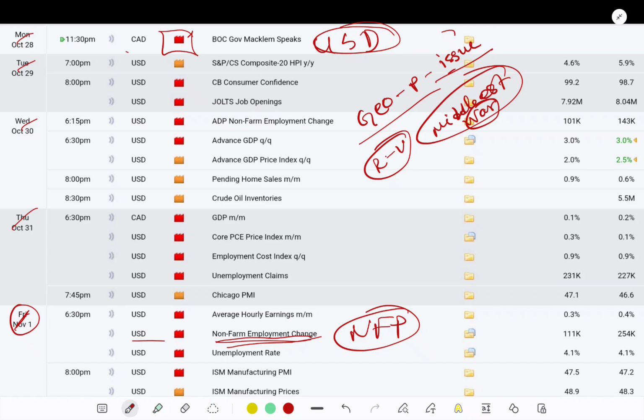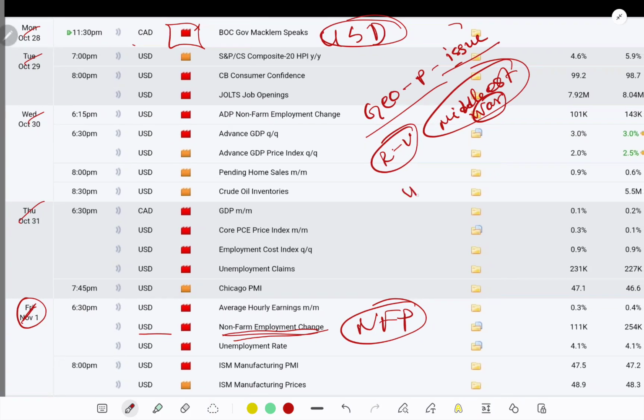Okay, and we have to keep our concern on the US election. So there is one, Russia-Ukraine, two, Middle East, and three, US election.